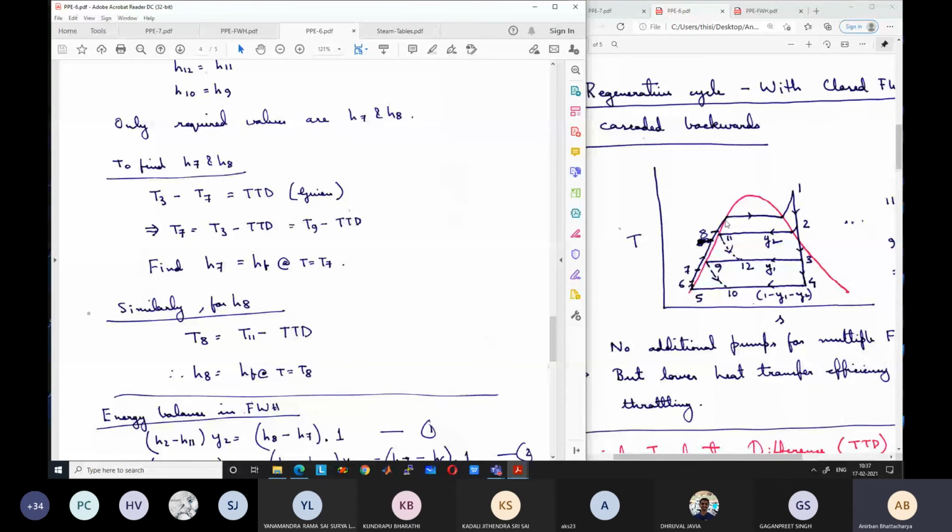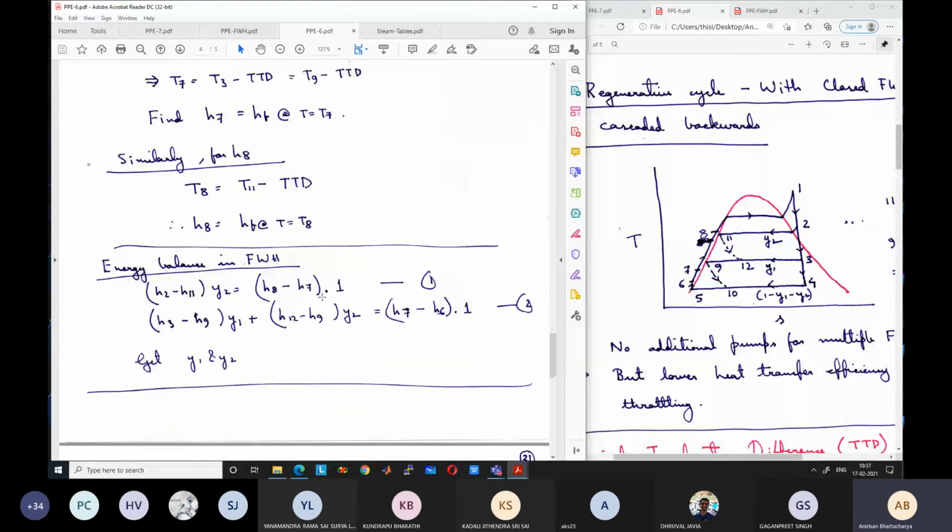Now we can do energy balance in the feed water heater. H2 minus H11 into Y2 is equal to 1 into H8 minus H7.